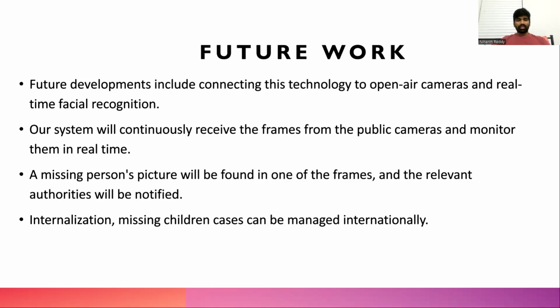That's one way to improve the reach, and the other one is internationalization. This application doesn't have to stick to just the country or the state. It can be internationalized, and missing children can be found internationally as well. The missing child might be in a different country, and we can still find him by increasing the reach.